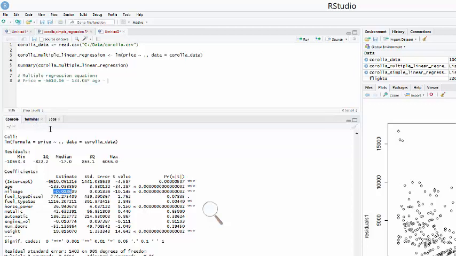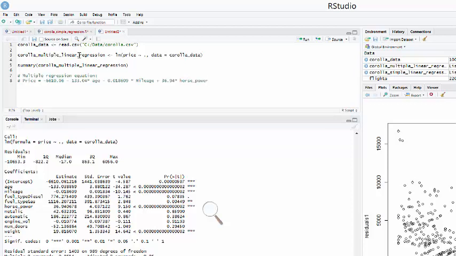Now this one I'm going to probably just copy paste entirely. Minus this times mileage. Okay? Horsepower, 36.94, right? Plus 36.94 times horse_power.